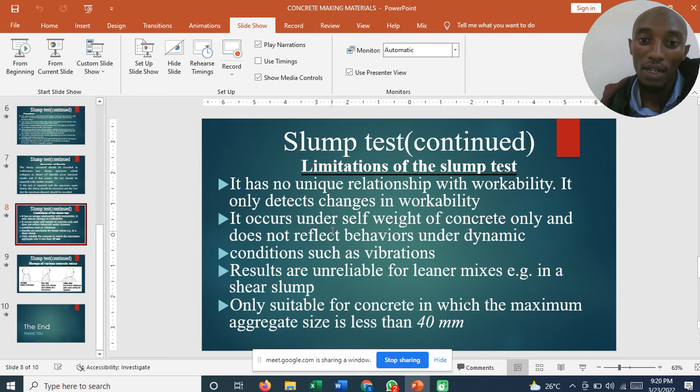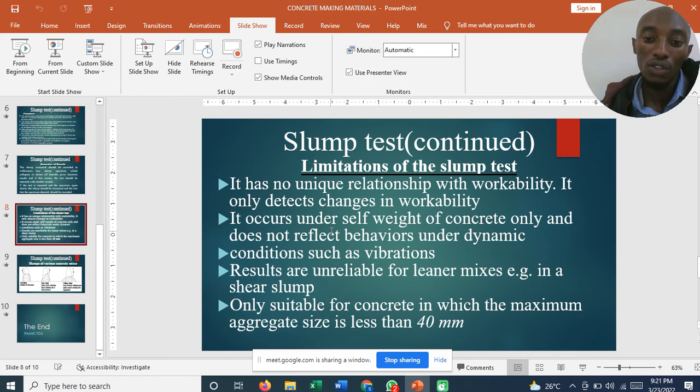It occurs at the self-weight of concrete only, and it does not reflect behavior under dynamic conditions such as vibrations. Results are unreliable for lean mixes, e.g. in shear slump. It is only suitable for concrete in which the maximum aggregate size is less than 40 millimeters.